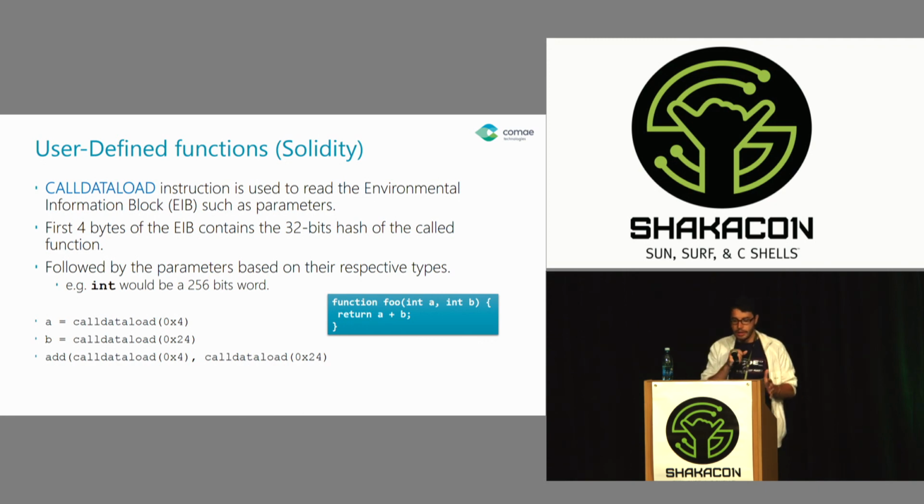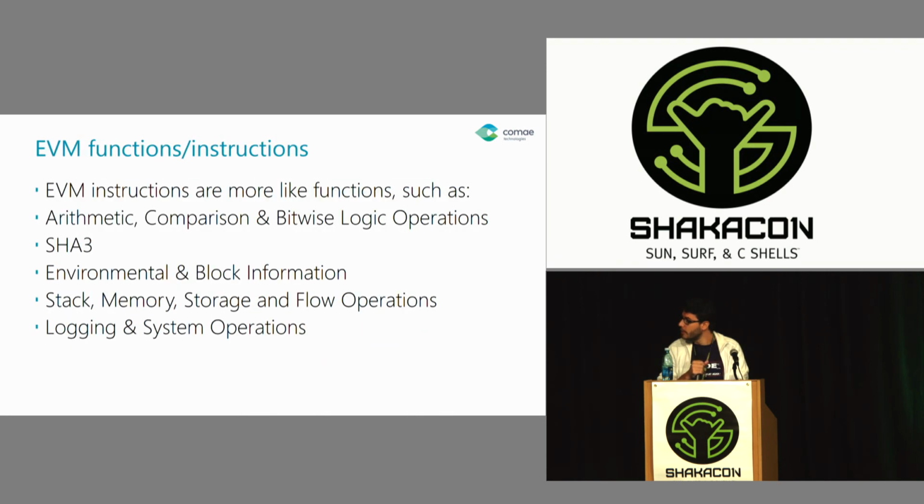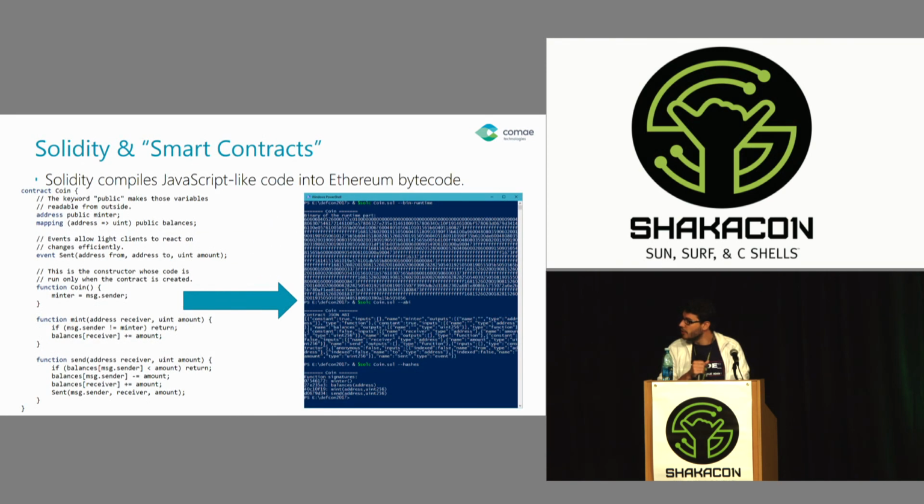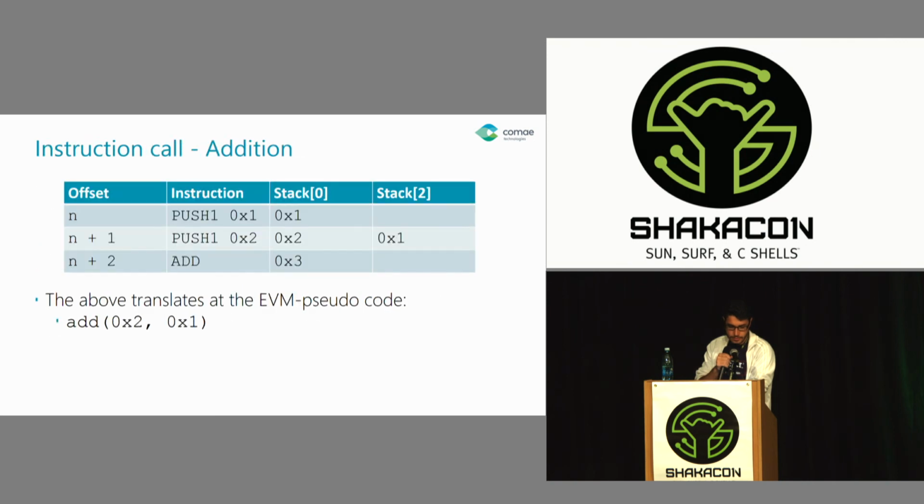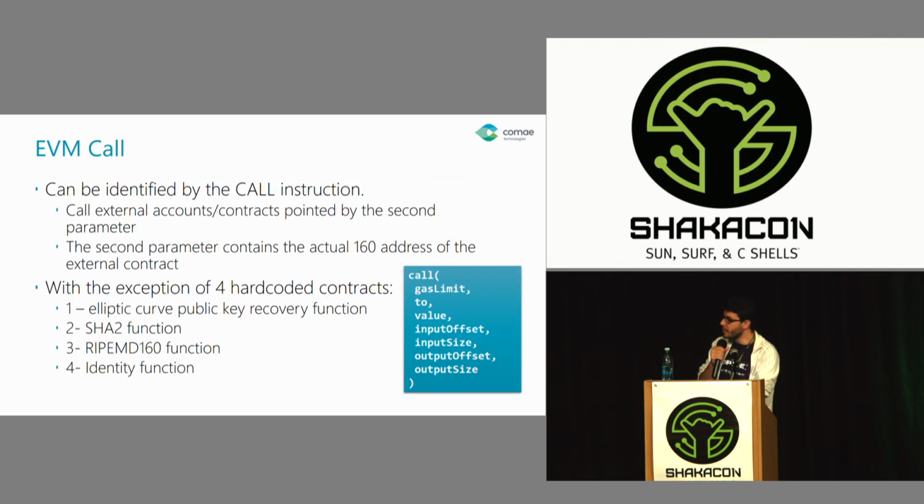The way those arguments are ordered depends on the actual function definition. That's why, if we go back to the initial screenshot here, in the middle, the ABI is very important because it contains the symbols or the definition of your actual functions. But by reversing a contract, assuming you don't have the ABI, you can also extract those hashes.